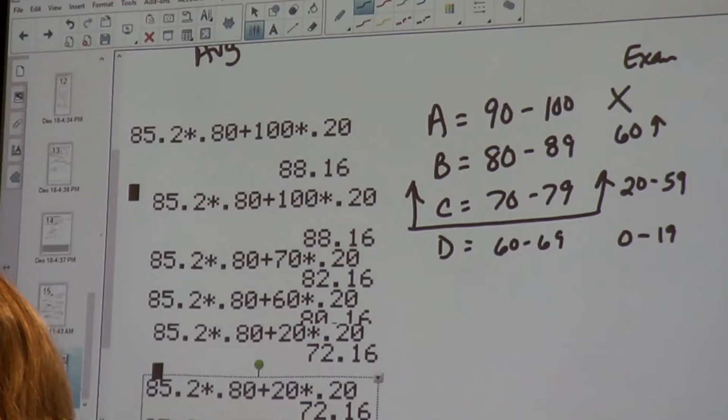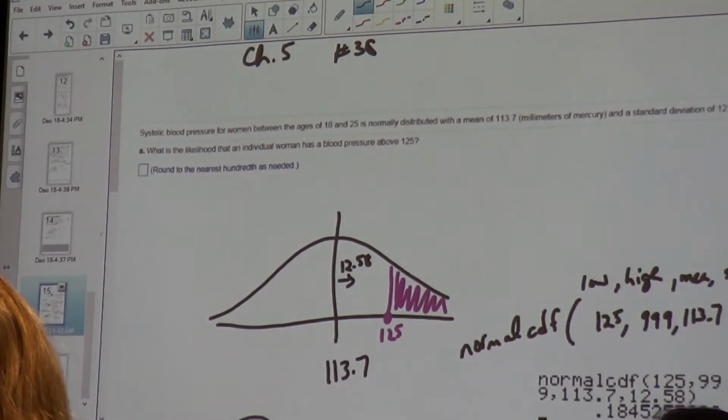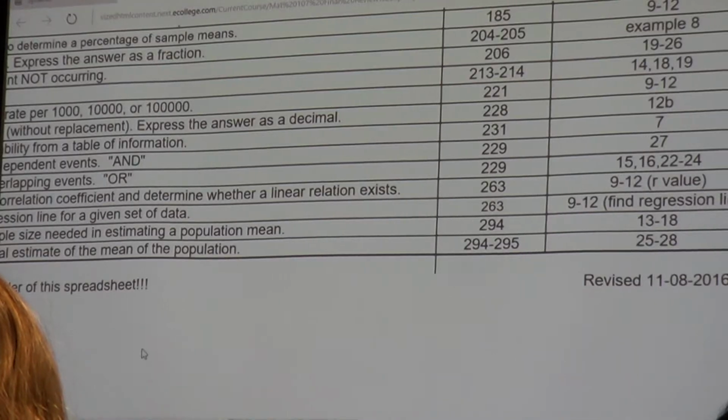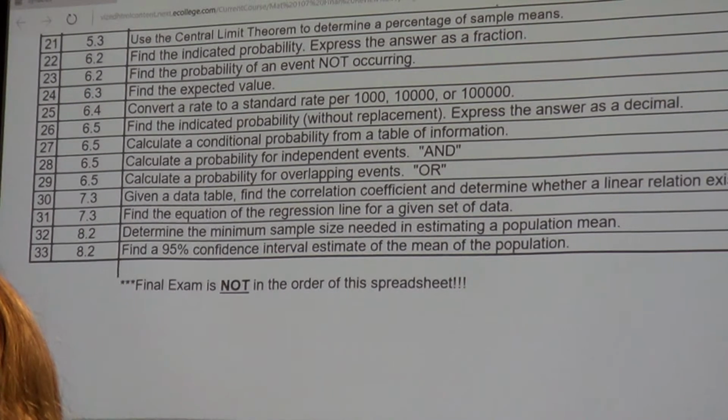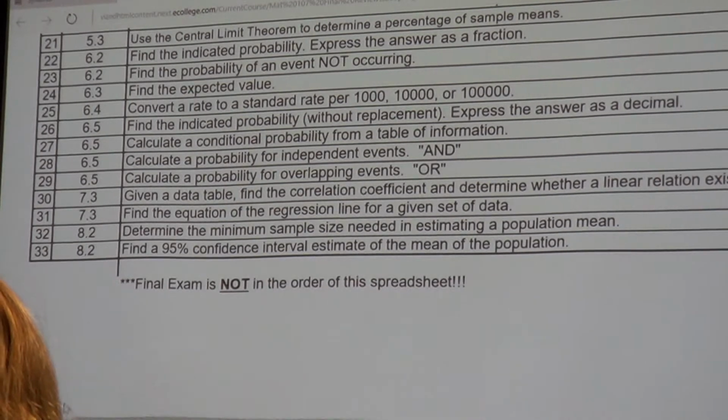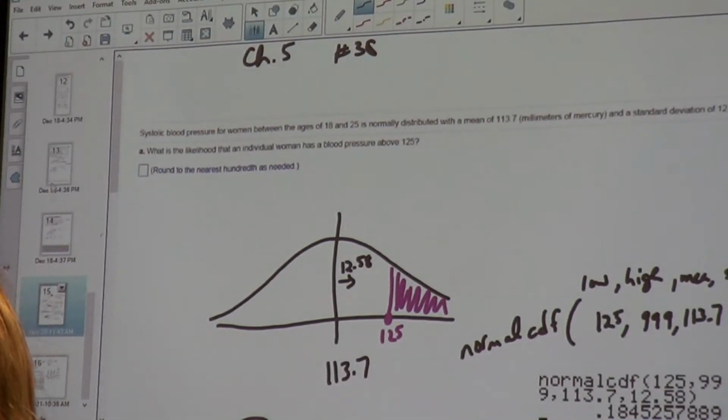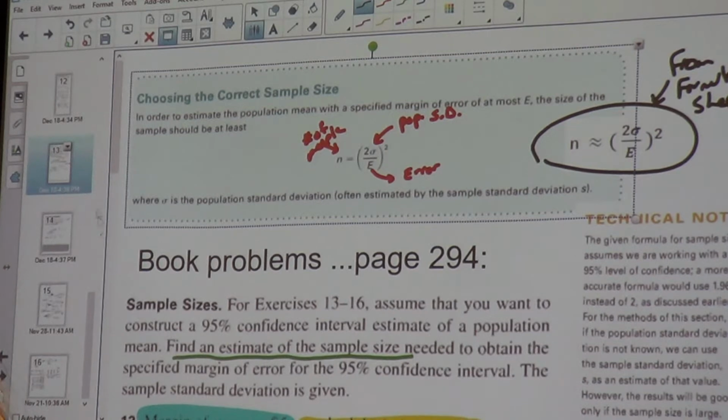25 to 28. What section was that? 25 to 28 in section A2.